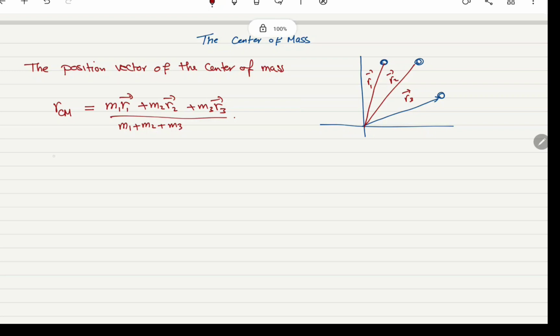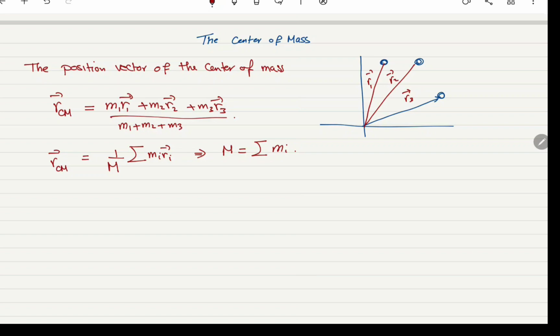Or in general, our center of mass equal to 1 over M, the total mass, summation Mi Ri, in this case where M here equal to the sum of all masses in the system.